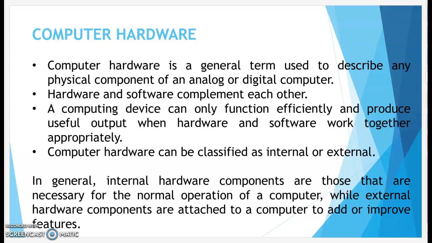Computer hardware can be classified as internal or external. In general, internal hardware components are those that are necessary for the normal operation of a computer, while external hardware components are attached to a computer to add or improve features.